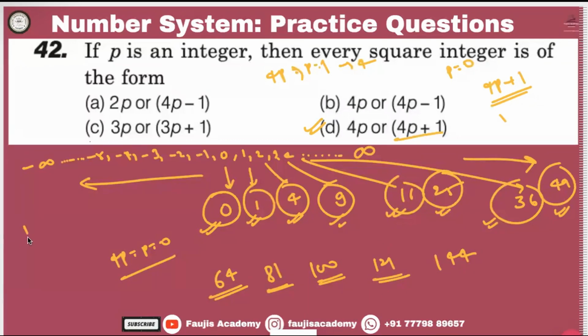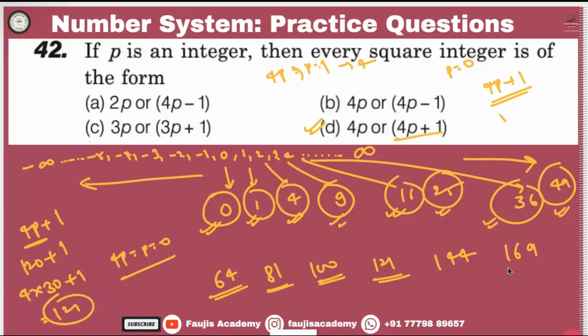What do you mean by 4P plus 1? This number has to be divisible by 4. 4 into 30 plus 1, we get 121, right? 144, how much is that? Yes, it is divisible. 169.